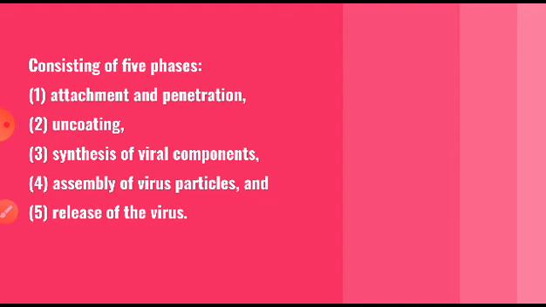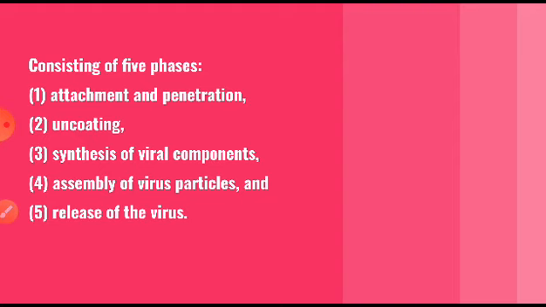First is the attachment and penetration. The virus coming to the host body needs to identify the host cell. After the identification, the viral particle binds with it, which we call attachment. After the attachment, it penetrates inside the cell.